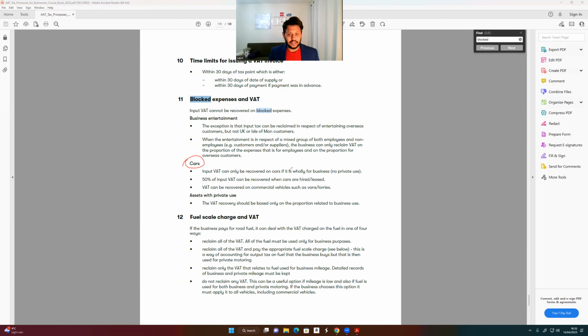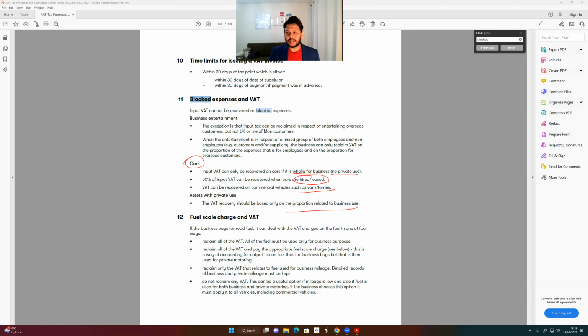Input VAT can only be recovered on the car if it is wholly used for the business, not for private use. 50% of the input VAT can be recovered when the car is hired or leased. So if you hire or lease the car, you can only claim 50% of that. VAT can be recovered on a commercial vehicle such as a van or lorry. So if we have a commercial vehicle, then we can recover the VAT. For an asset with private use, the VAT recovery should be based only on the proportion related to the business. So this is the block.